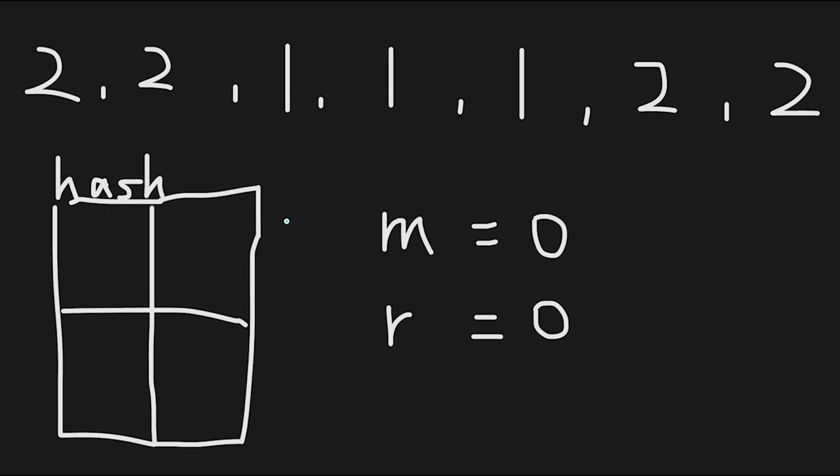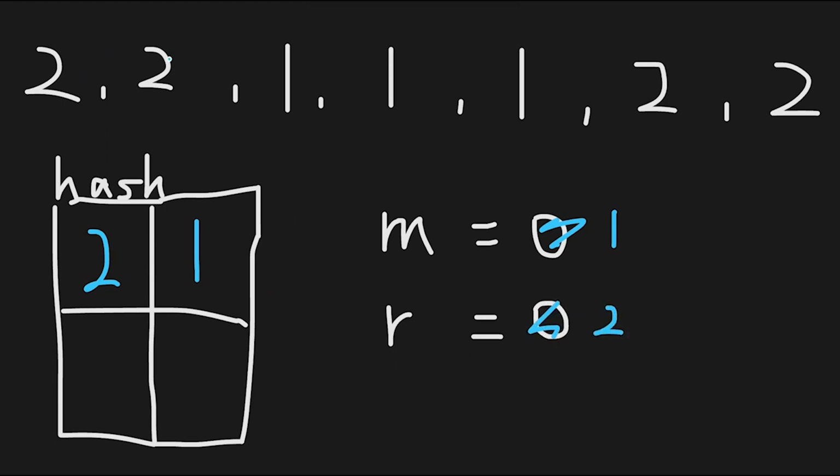And let's begin. First of all, we find 2. I put 2 into the hash map, so 2 is now 1. And compare the count of the current value, which is 1, versus the current majority, which is 0. So 1 is greater than 0, so update majority to 1, and then update the result variable with 2.